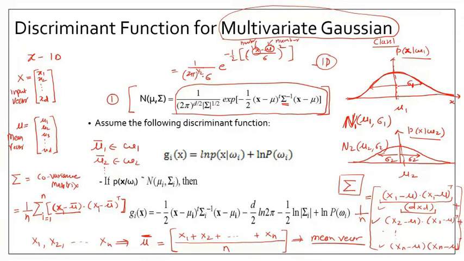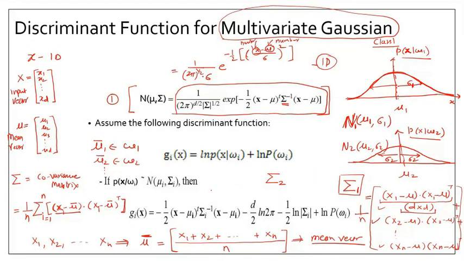You add all these matrices and divide by n. That will give you, for example, the covariance for class 1 that I can call capital sigma 1. Then we can find capital sigma 2 and so on.